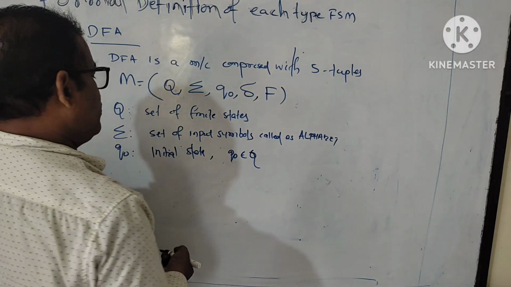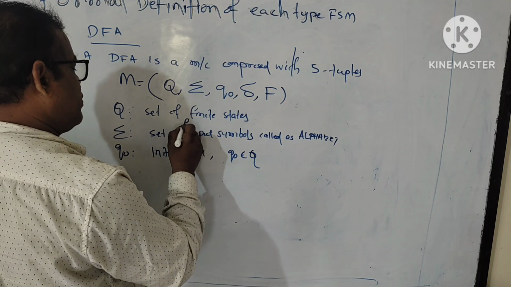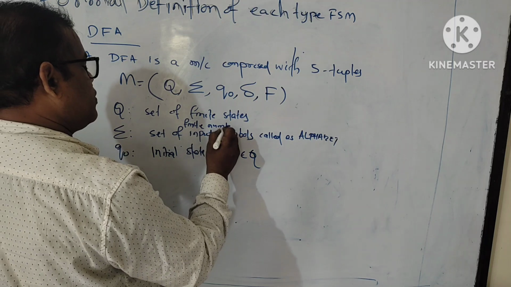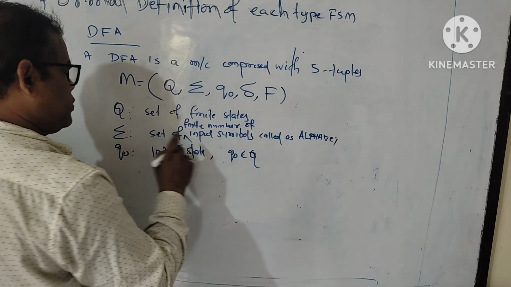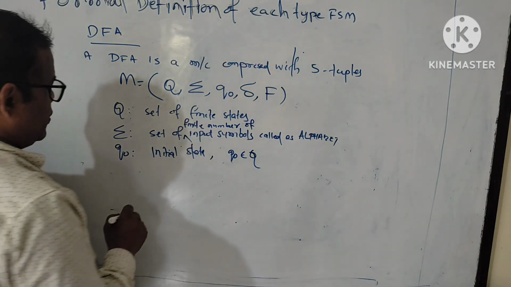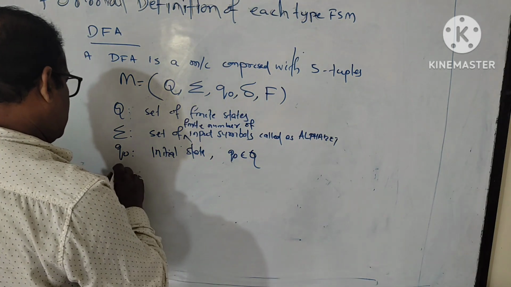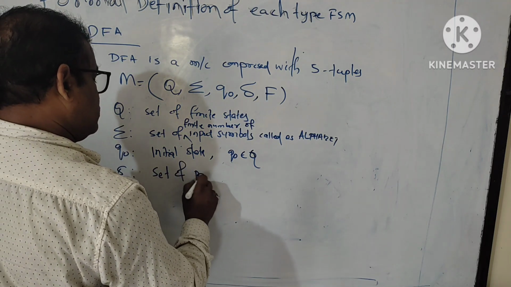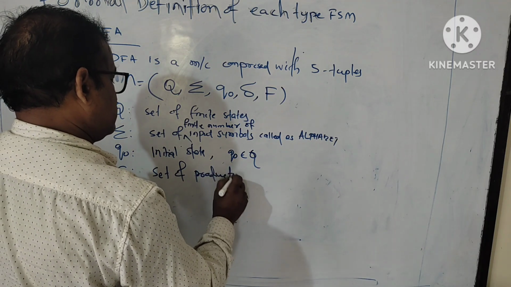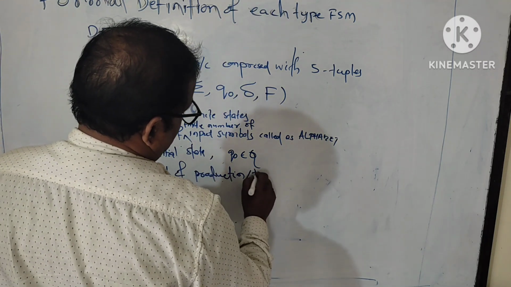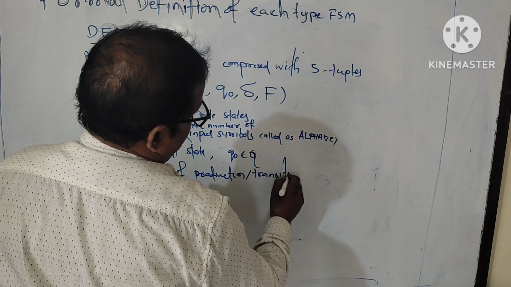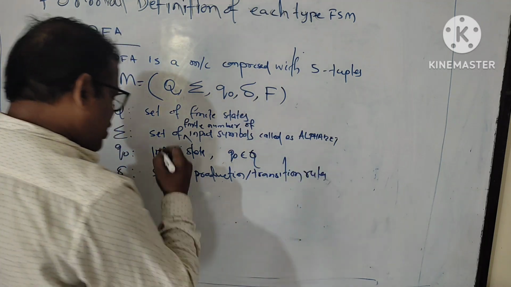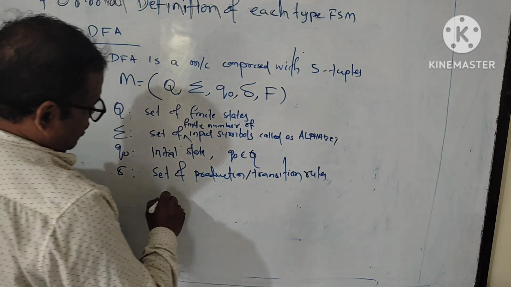The set of input symbols is a finite number of input symbols. That is very important, finite number. Q0 is the initial state, then the set of production rules or transition rules. It is very important how you represent this formula.